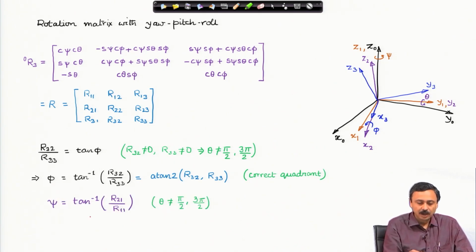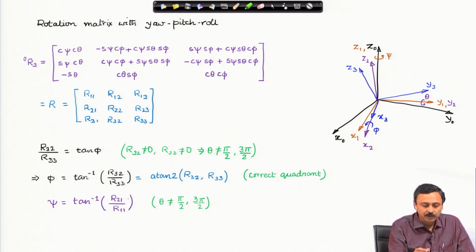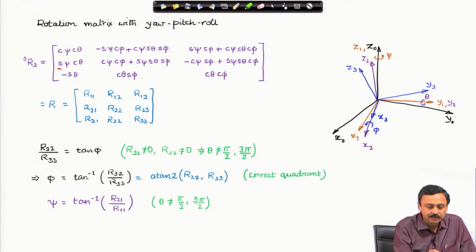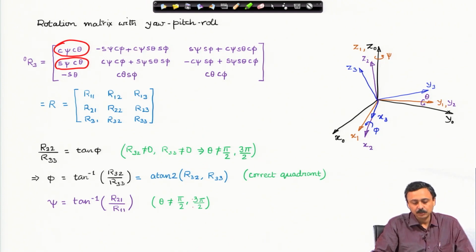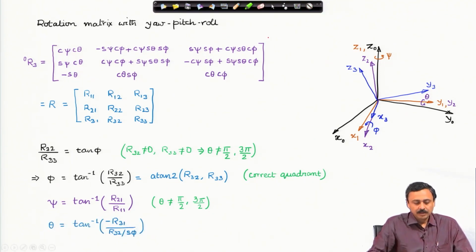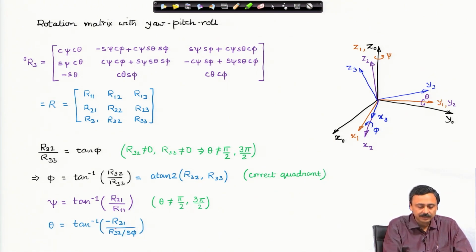Then psi, how do I find out psi? You will note that R21 by R11, R21 is this element and R11 is this element, and the ratio of this is tan psi. And once again, if theta is not equal to pi by 2 or 3 pi by 2, then you will take atan2 or tan inverse and you can find it. Similarly, you can find out theta by taking this ratio.